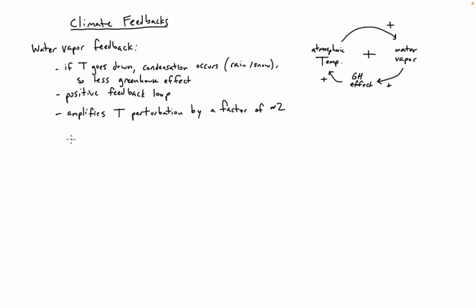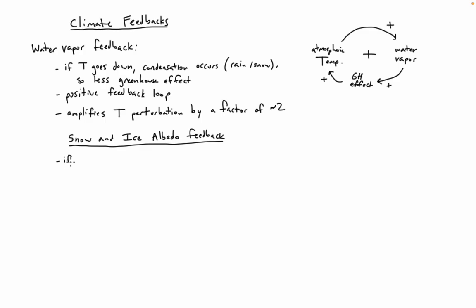Okay, the next feedback I'm going to talk about is related to snow and ice, albedo. We've talked about a version of this before when we talked about snowball Earth.